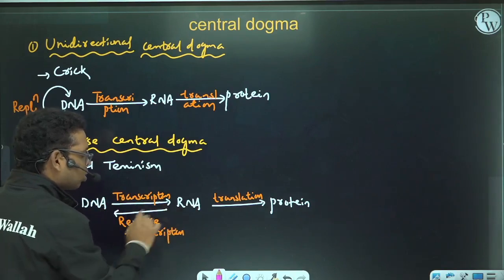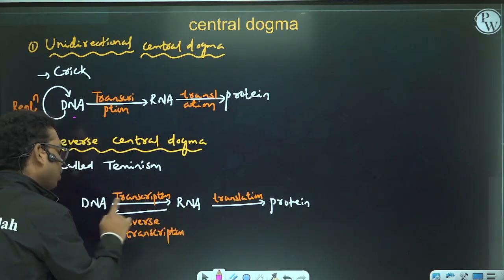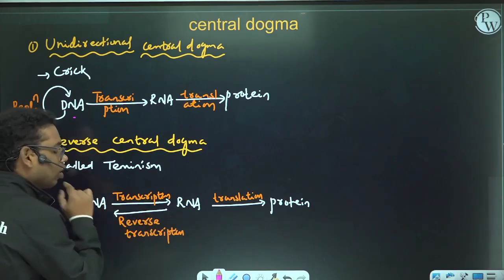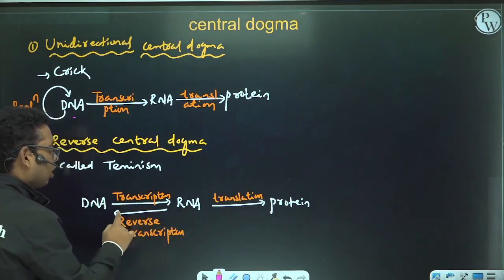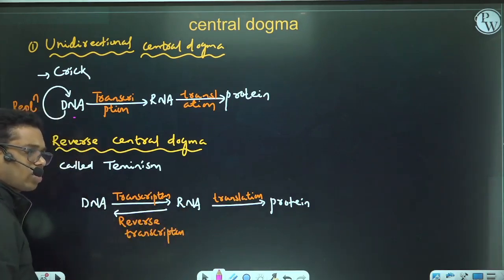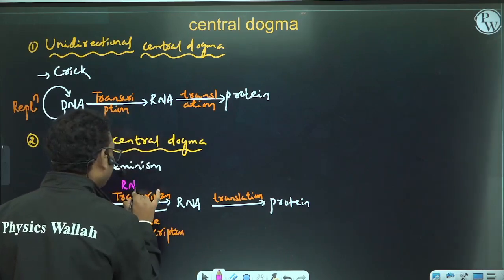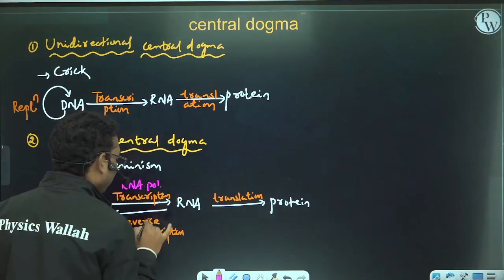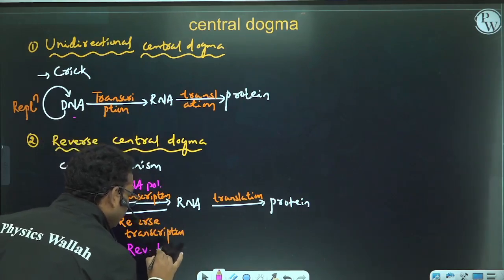The process is transcription. And if from RNA, DNA is formed, that process will be called reverse transcription. Transcription is performed by RNA polymerase, and reverse transcription is performed by reverse transcriptase.